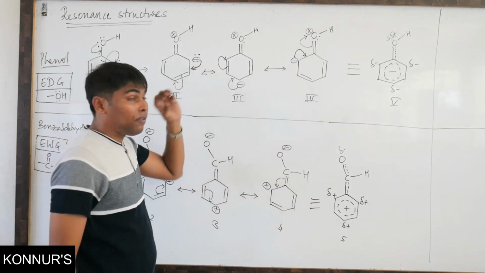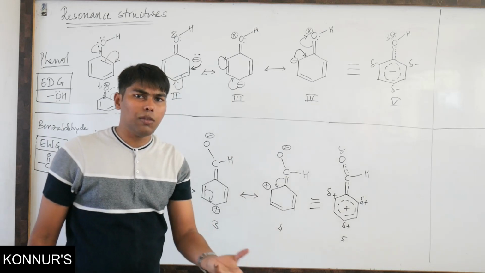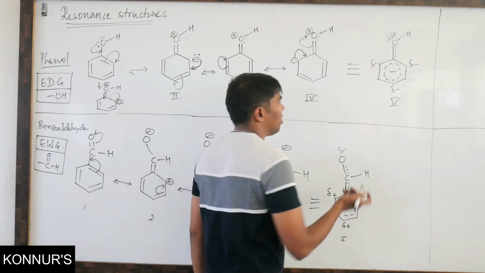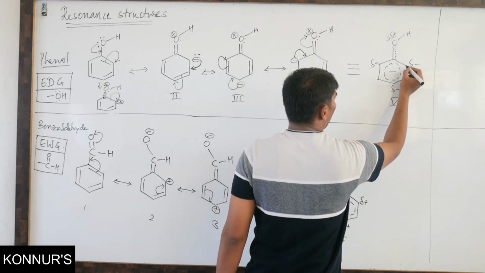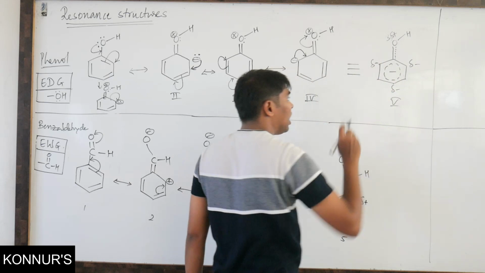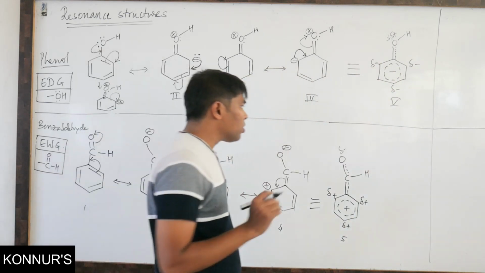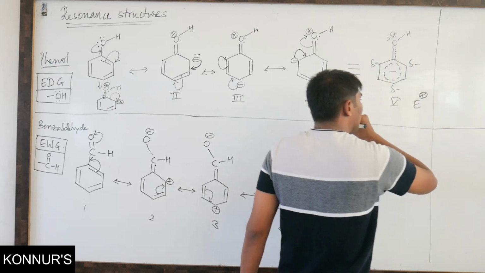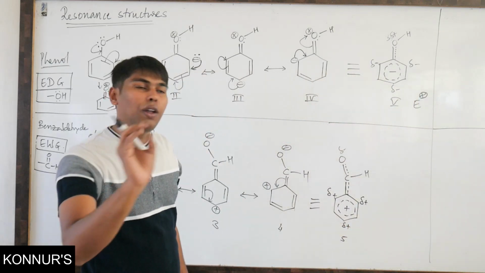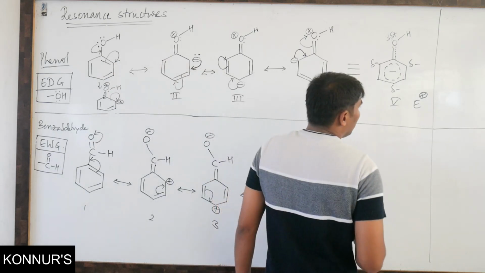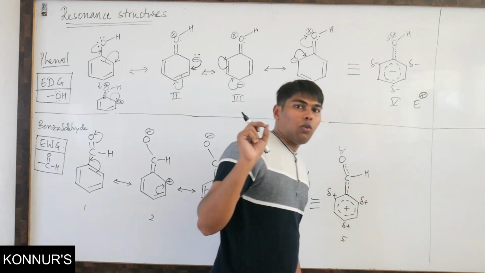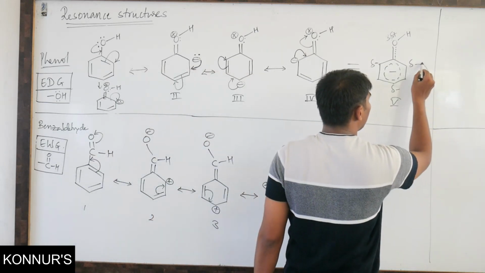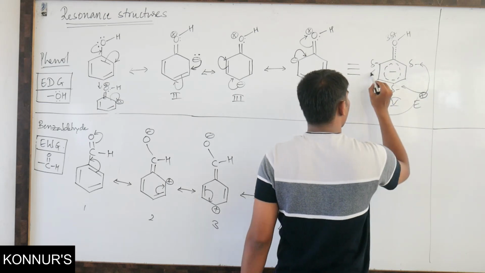I told you if the electron is present, it's a negative charge, nucleophilic. These 2 ortho positions and 1 para position are nucleophilic centers now. So if you are interested in attacking with an electrophile, let us suppose electrophilic substitution is there. An electrophile is an electron deficient species and it attacks the electron rich center.